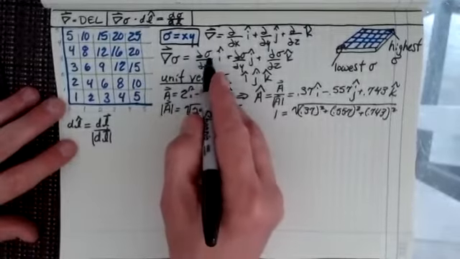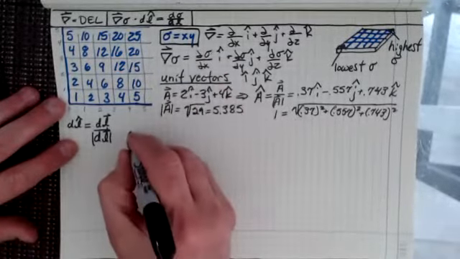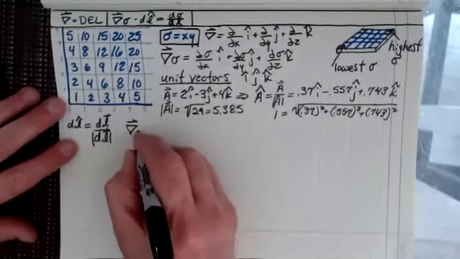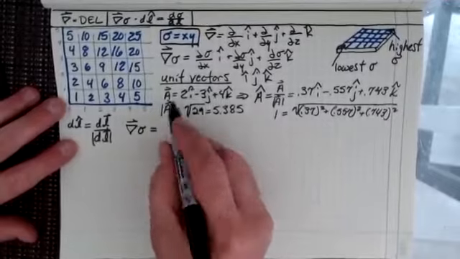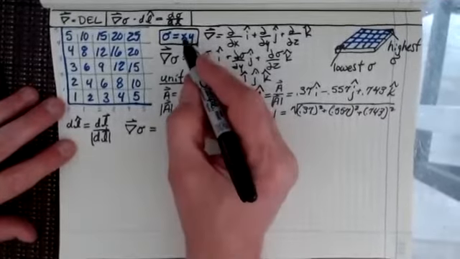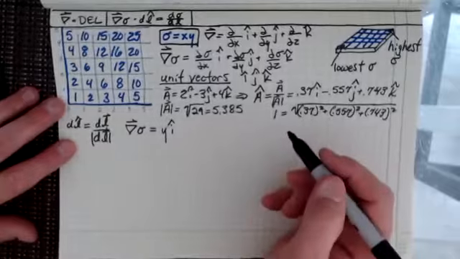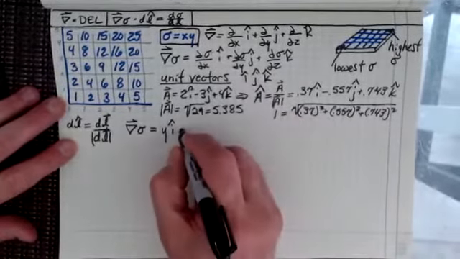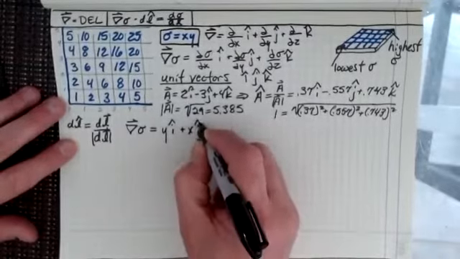But let's take the derivative of this with respect to x. In fact, let's just draw this down here. It's just a two-dimensional thing. So take the derivative with respect to x, and that would give me y i hat. And then we take the derivative with respect to y, and that gives me x j hat.